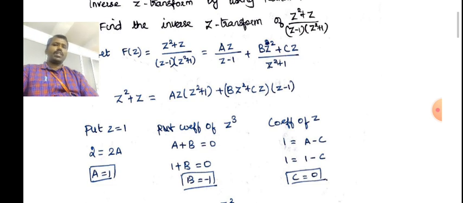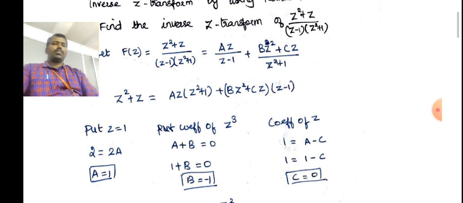Substitute z equal to 1: 1 square plus 1 is 2, so 2 equals a into (1 plus 1) plus (b plus c) into 0, so 2 equals 2a, a equal to 1.